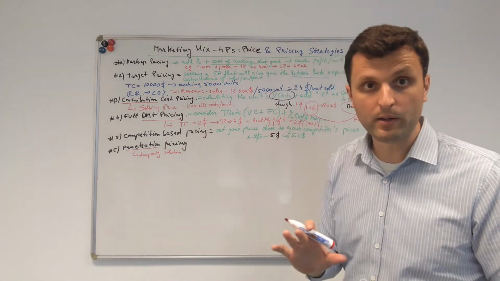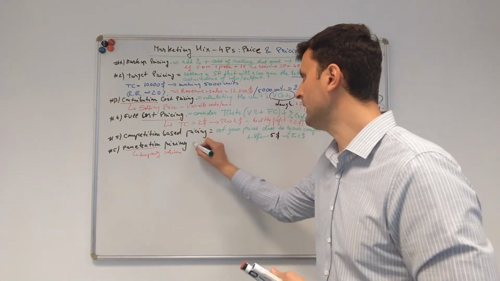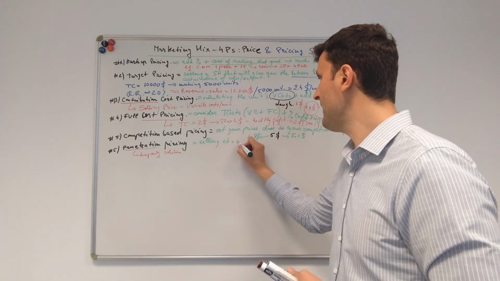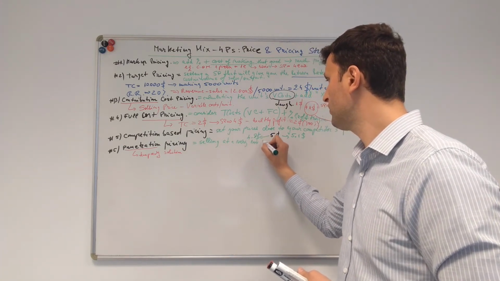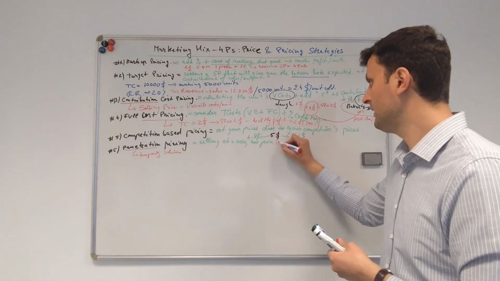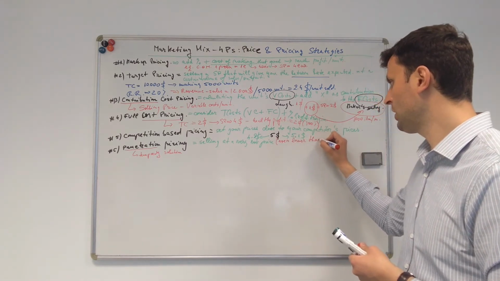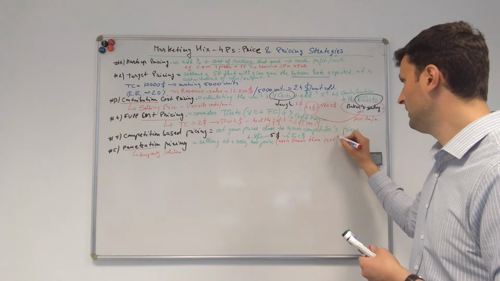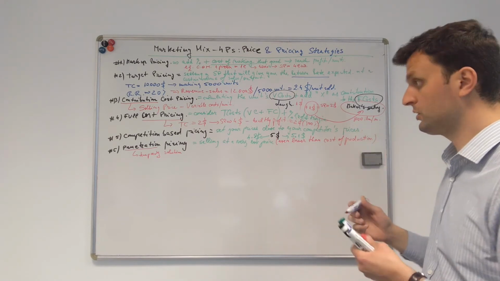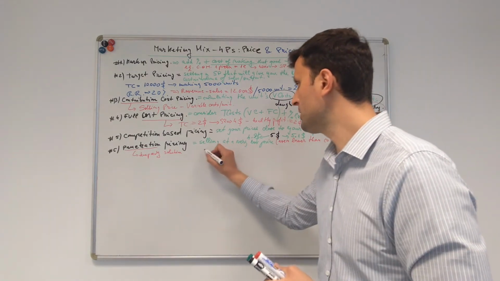You'll understand in a minute why. Because it involves selling at a very low price, in brackets, even lower than cost of production, which is extremely painful. Why would you do that? To gain market share.